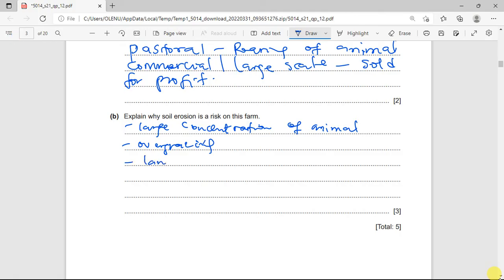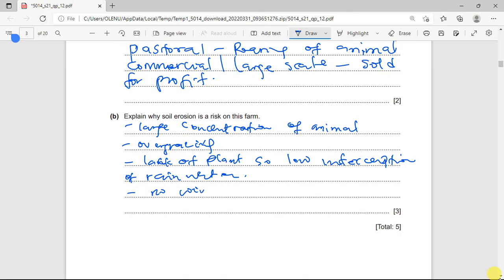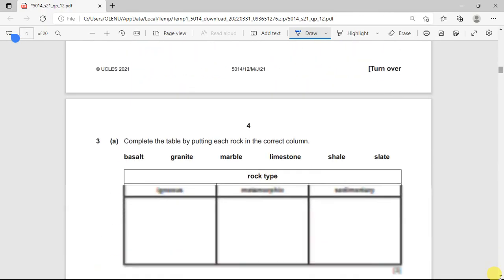Now, lack of plants, so there will be low interception of rainwater. You can also look at no wind breaks, which are stated. No wind breaks available. Any of that you go with, you get your answer.